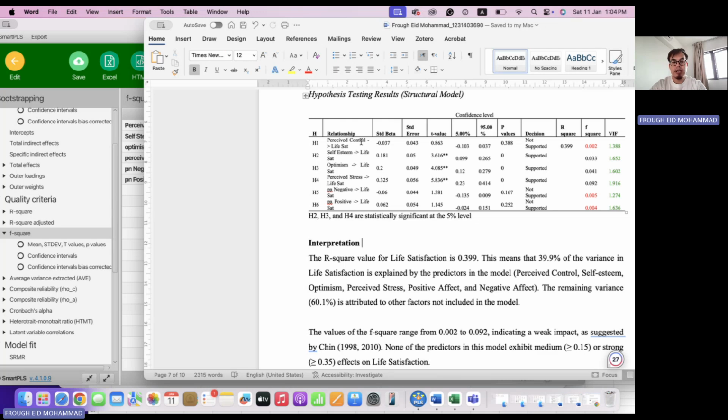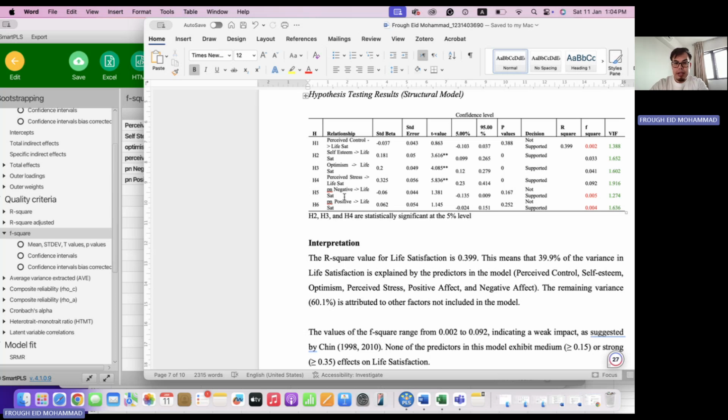Perceived control has lots of items, but with the minus values I have removed, but still I couldn't get the... I need to keep at least one indicator or one item with a value lower than 0.7, because I needed the AVE, which should be more than 0.5. So that is why I think it made a small issue here.